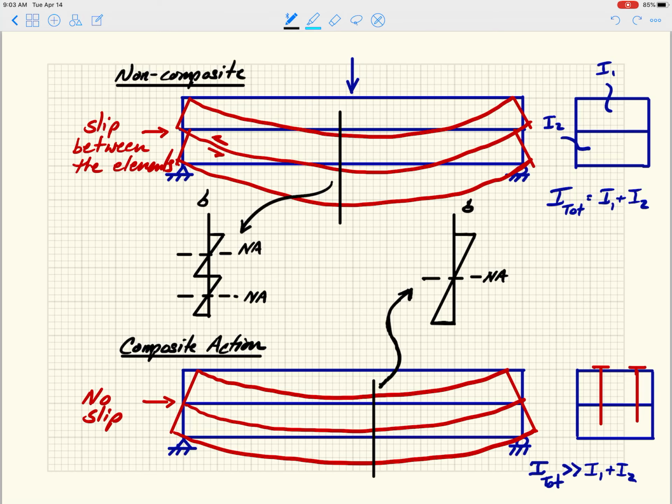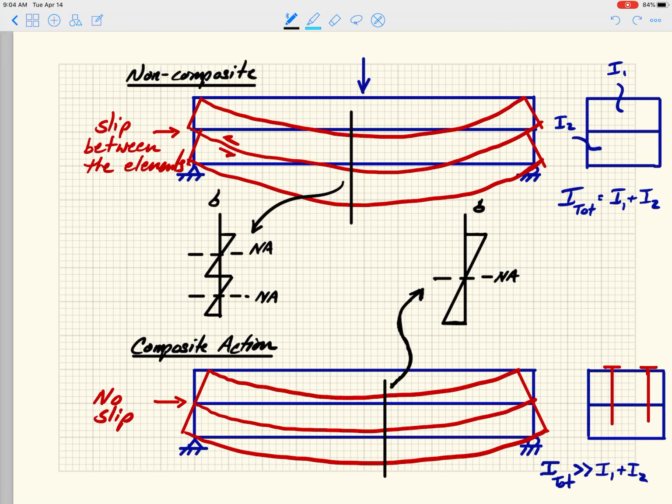You can put partial connections in there and envision some stress distribution in between these. We're not going to deal with that, but there are some beams that are in fact designed to be partially composite. If you decide to go into graduate school for structural engineering, you will also deal with that. But for the time being, we're going to just deal with either non-composite or composite action.